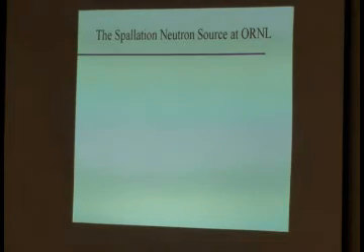Another reason why people have developed spallation sources is you can go to higher powers than you can with a reactor. Because let's face it, there's a limit to how big of a reactor we want to build. It's a safety issue. The newest addition in the line of spallation neutron sources is actually at Oak Ridge National Lab, and it's called the spallation neutron source, or SNS. When I started teaching this class, they had broken ground, but they hadn't gone much further than that.